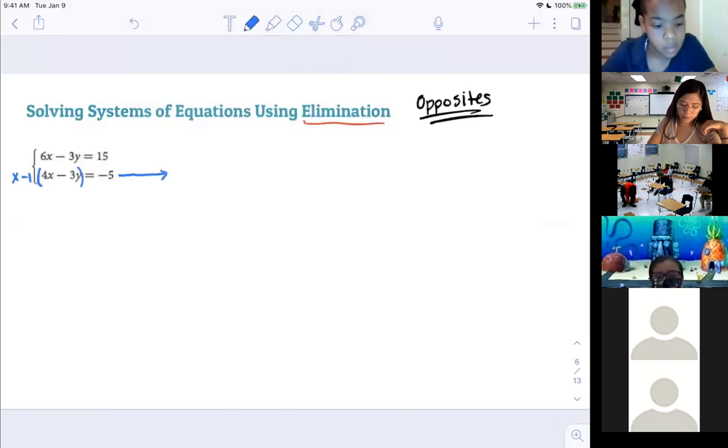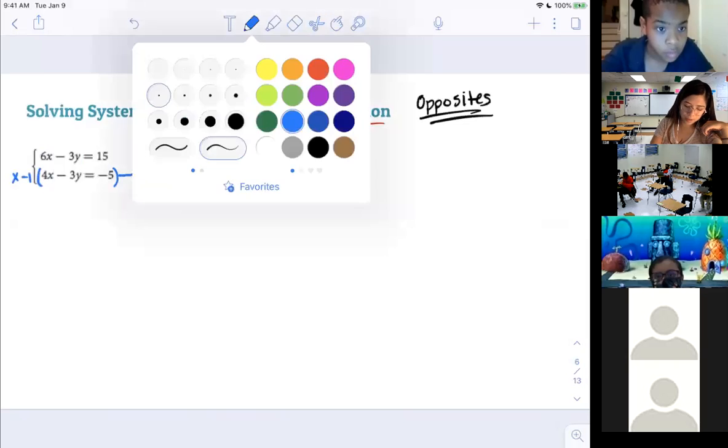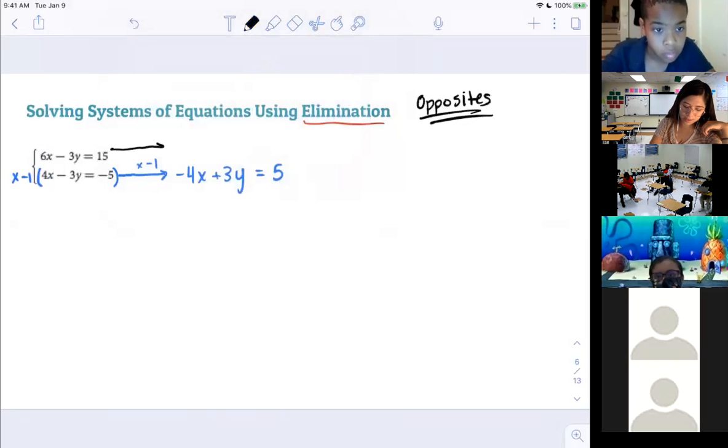So I get -4x plus 3y equals positive 5, because I'm multiplying everything. Okay, all I did was multiply this by -1. But the top equation, I'm going to keep it exactly the same, because now that I've changed the 3 into a positive, I can keep the top one exactly the way I had it.